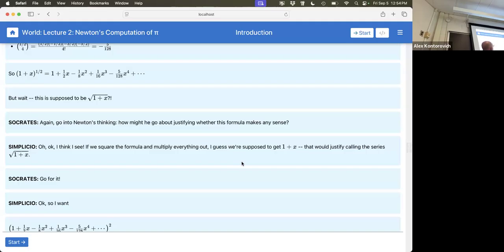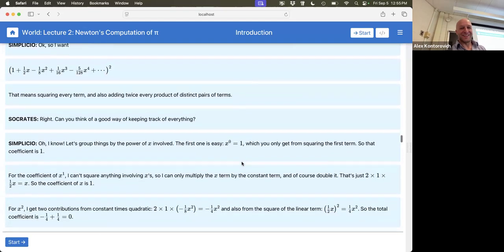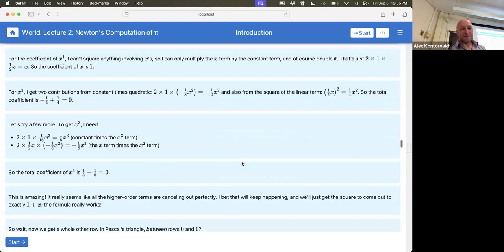Yes, exactly right. If the absolute value of x is small, then the more powers you take of it, the smaller each contribution gets. Exactly right. So we definitely want to think about making a small value of x, not x equals 2. I'm glad to see that this is something that isn't immediately obvious.